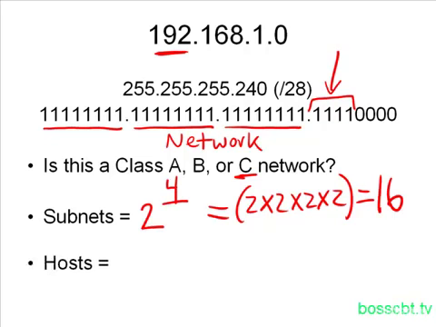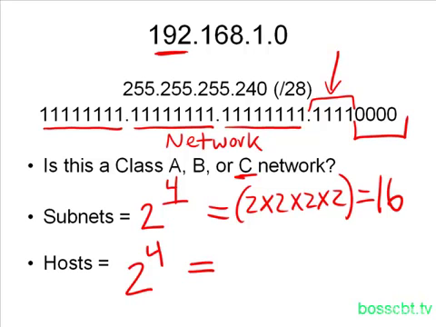If we move on and now look at the hosts, our formula here is 2 to the power of the number of host bits. Well, we stole 4 host bits to make this subnet mask, so we only have 4 left. We plug that in our formula here, and in fact it's the same as the subnets.